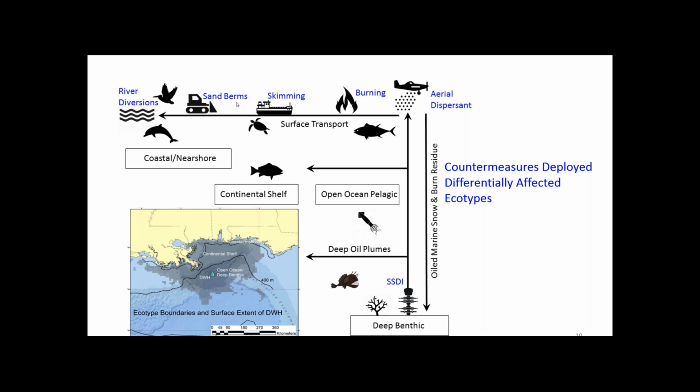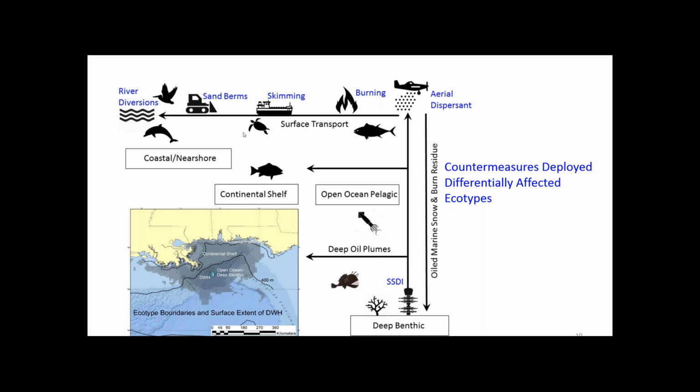The creation of sand berms, and those of us who were around a decade ago can remember the issue of trying to create sand berms or improve some of the offshore islands in terms of trying to keep oil from coming ashore. Lots of skimming, burning, and aerial use of dispersant. And the unique countermeasure was the use of dispersant at the wellhead and so-called SSDI, or subsurface dispersant injection, at the wellhead. Now, all of these impinge on different aspects of these 4 ecotypes.